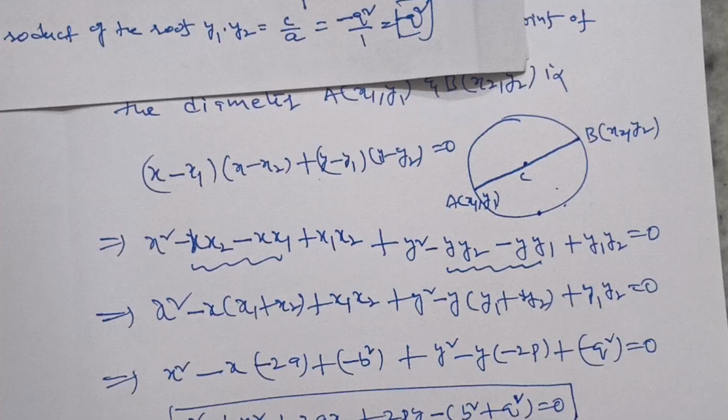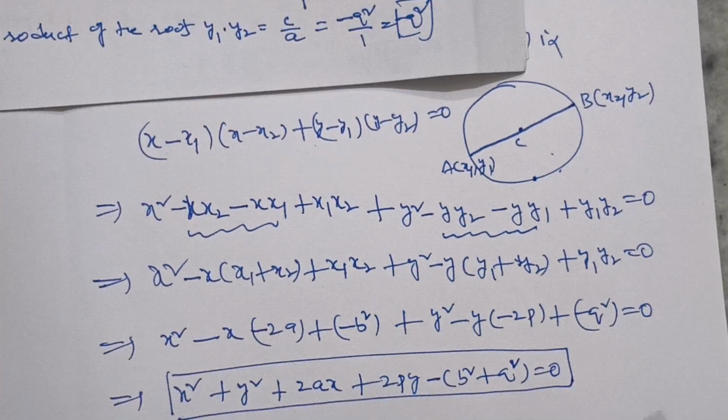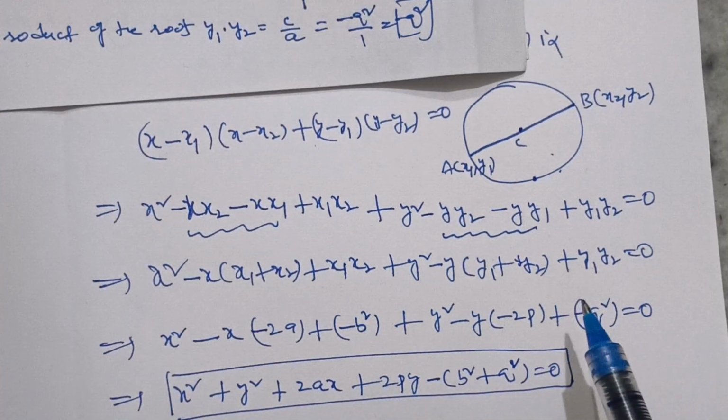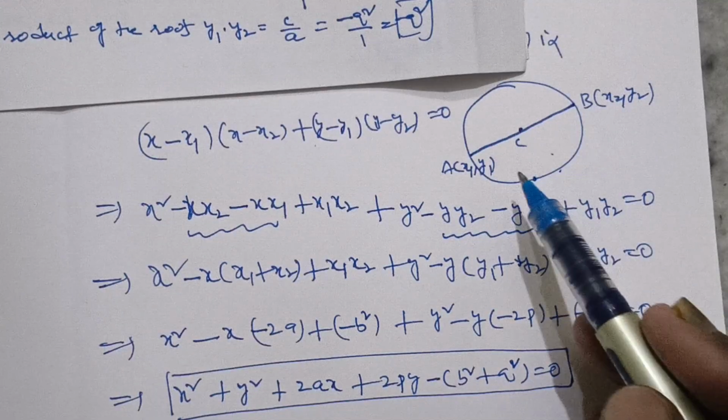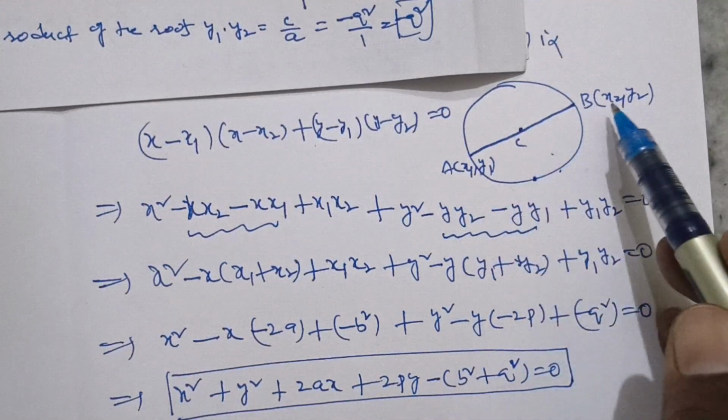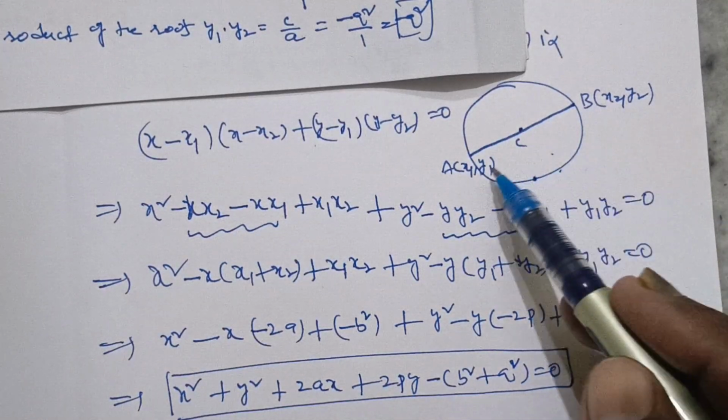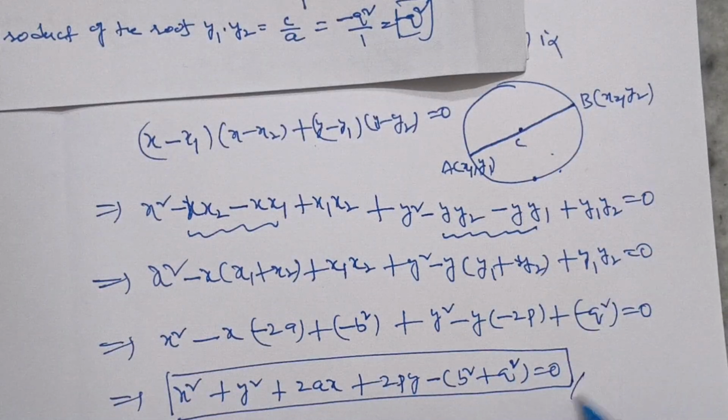This is the required circle equation, with A (x1, y1) and B (x2, y2) as the endpoints of the diameter.